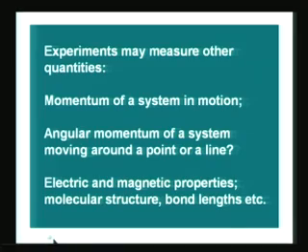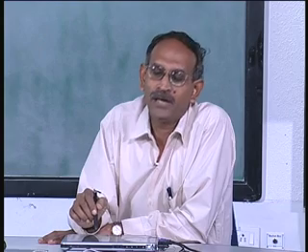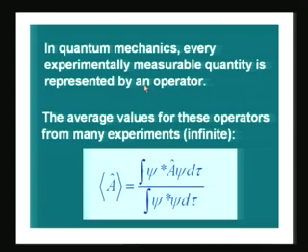And then the fourth strange thing is: what do we get when we make a measurement of properties of the system? We do many measurements and we try to get an average. Quantum mechanics gives an expression for the average value.